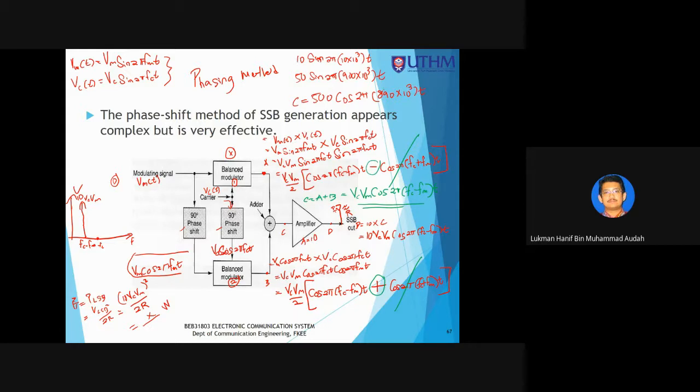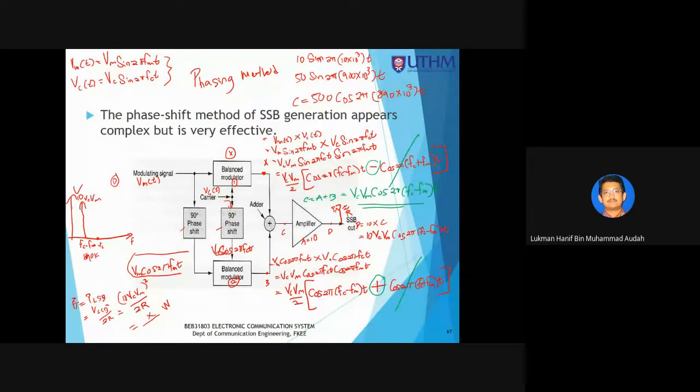So tadi saya tunjuk variable sahaja. Okay, So when you want to make the equations, that means you need to also put the values. Okay, value yang tadilah VC berapa, VM berapa, frekuensi berapa. Sama juga dengan di sini sebenarnya Fc tolak Fm dia adalah 890K.